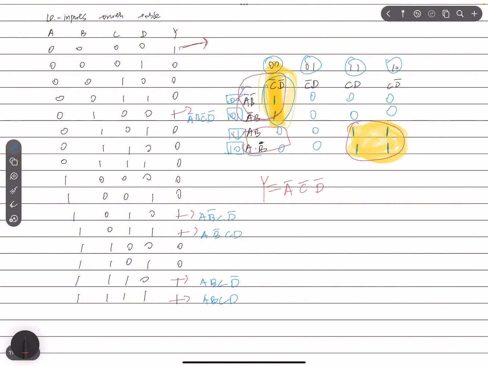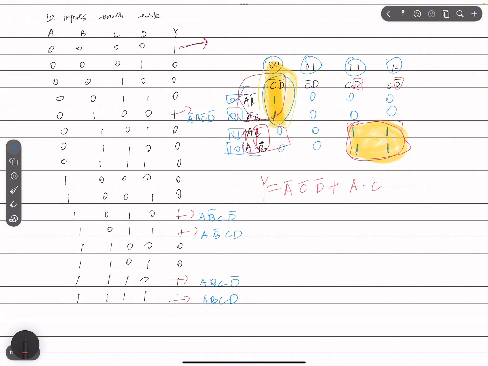And by looking at it here, we have C. D bar is different, so we have C. And A is also a common factor, so it's A times C. We are trying to find the common factor for these 4.